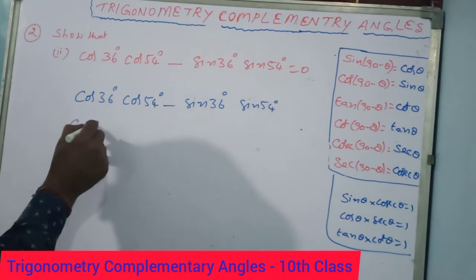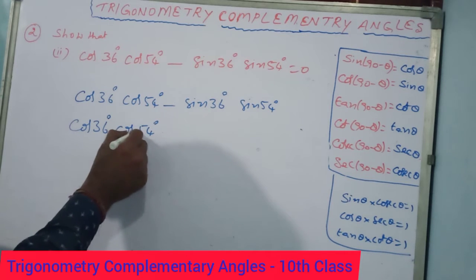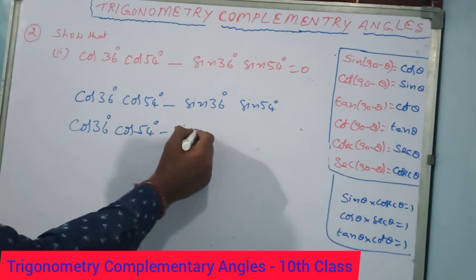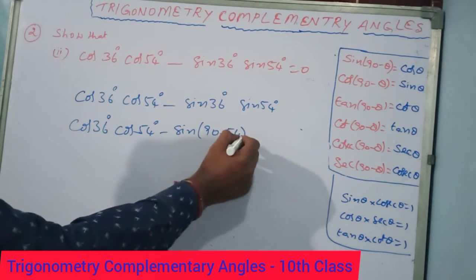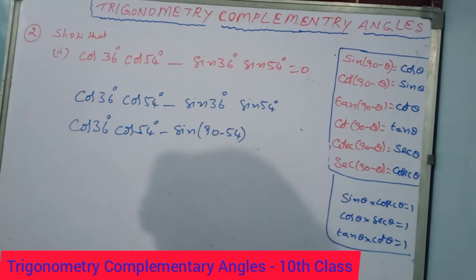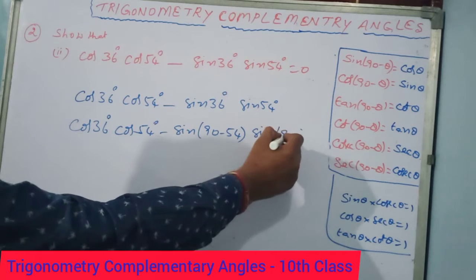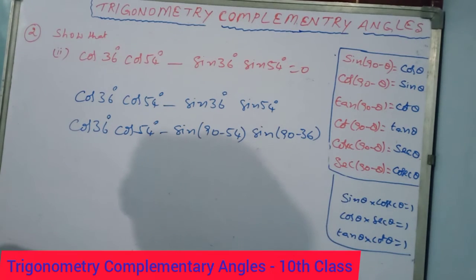Cos 36 degrees cos 54 degrees minus sin. Here sin 36 can be written as sin of 90 minus 54. 90 minus 54 is equal to the value 36. Sin 54 can be written as sin of 90 minus 36. 90 minus 36 is equal to the value 54 degrees.